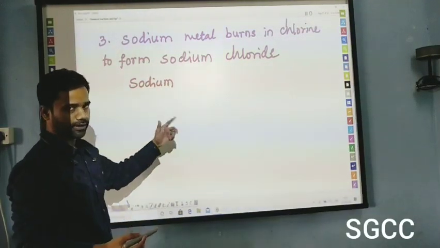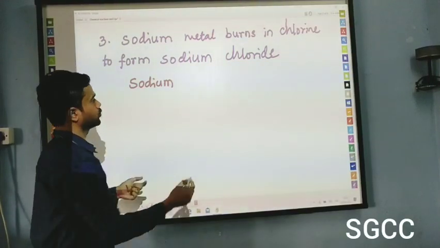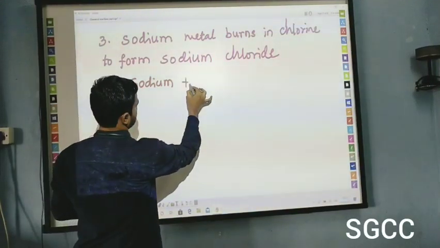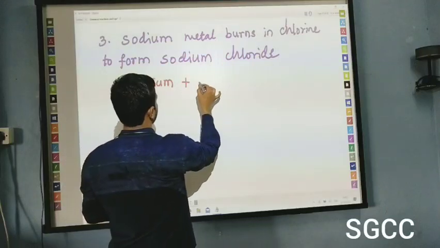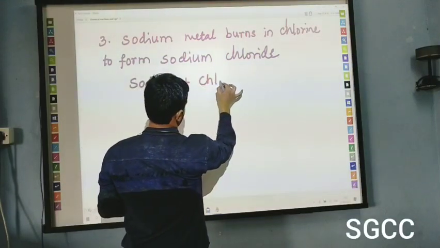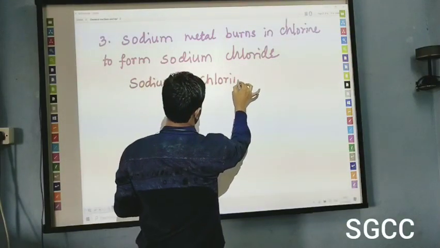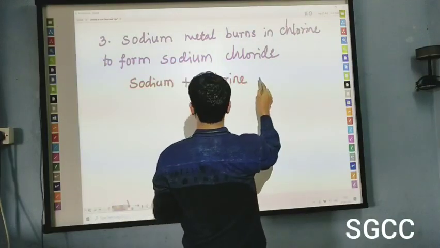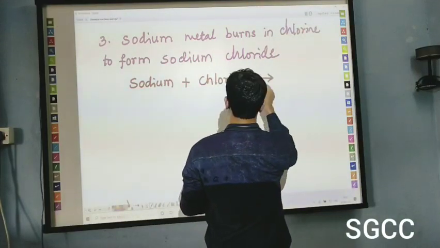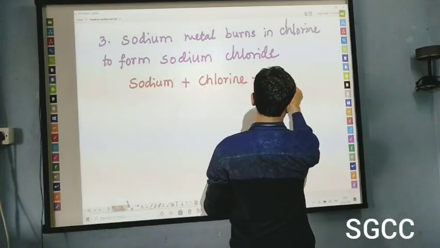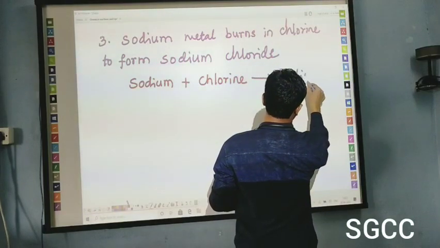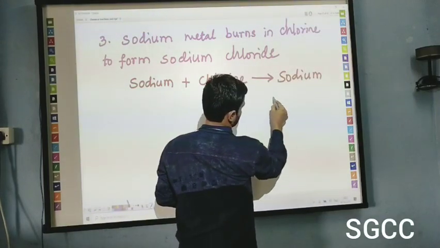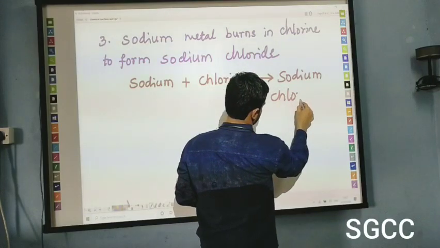Whether you write sodium metal or simply sodium, plus chlorine. Burns in chlorine to form means it's going to have a product called sodium chloride.